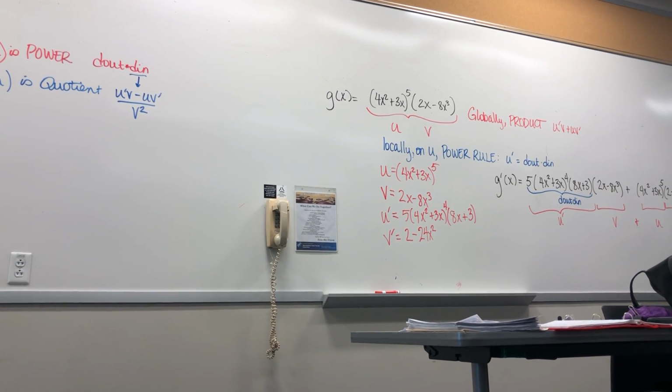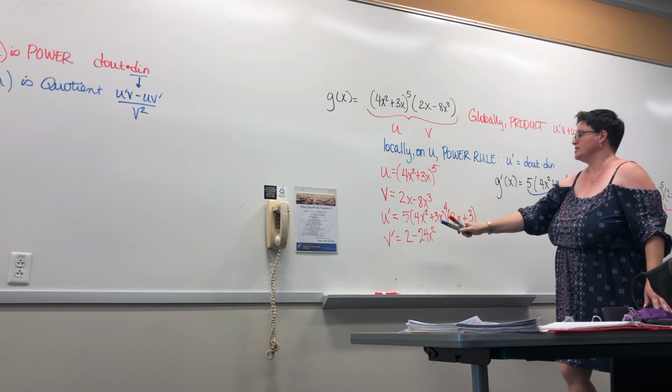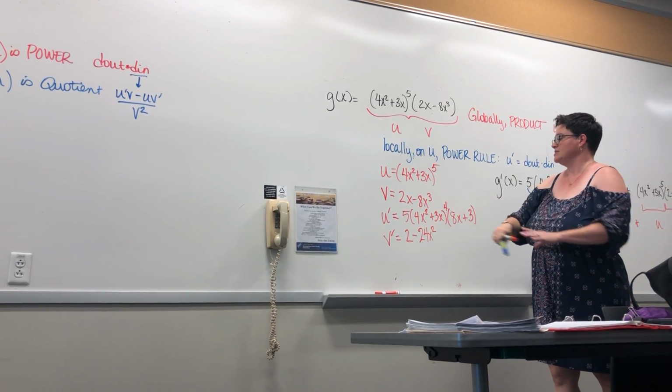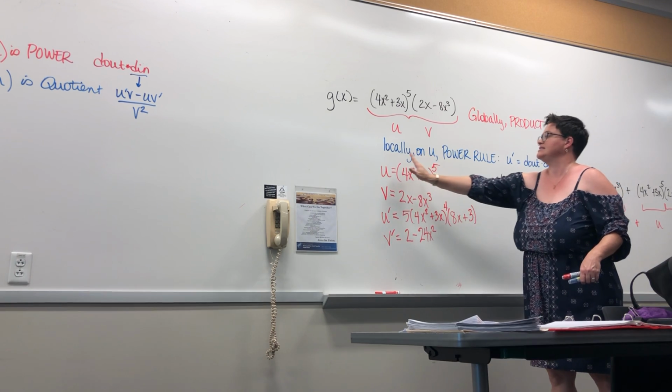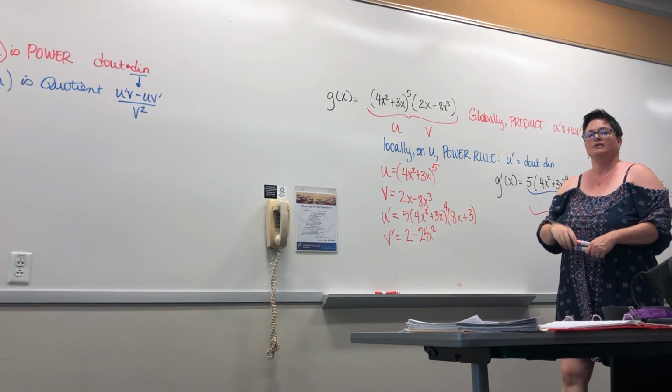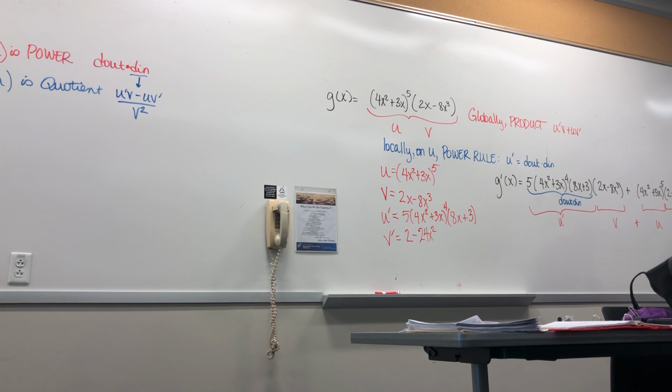What's the plus 3 on the end of U prime? Where does that come from? Right here. When we're doing the derivative of the outside, this is where that first set comes from, and then the derivative of the inside becomes 8x plus 3. That's okay, it's all good.